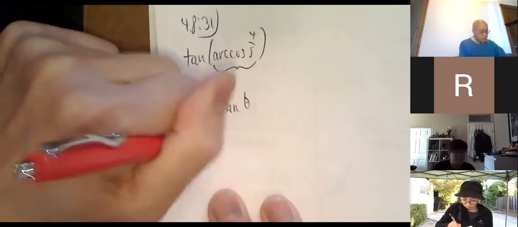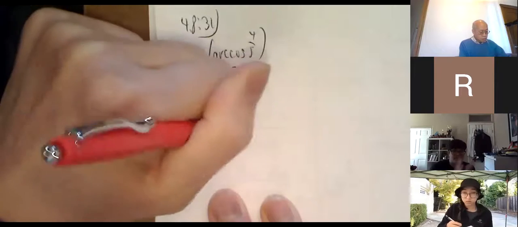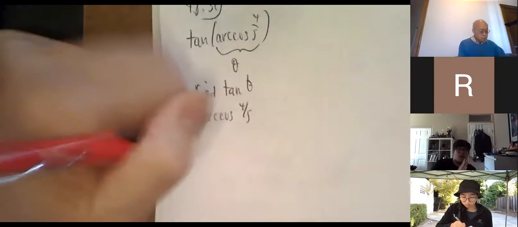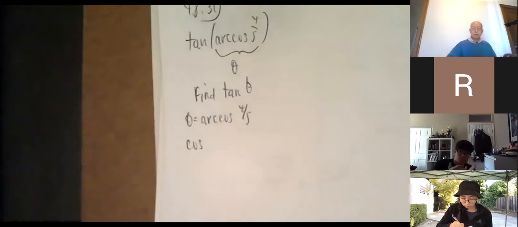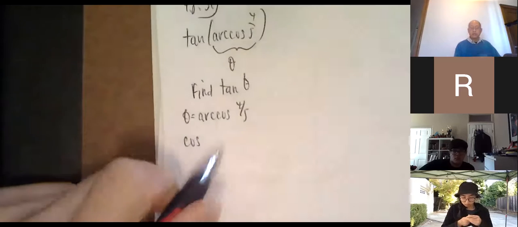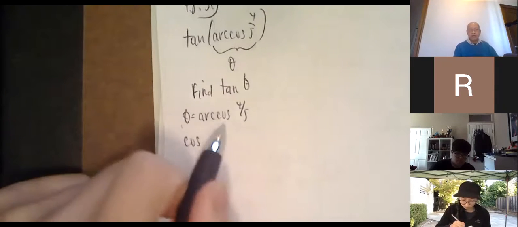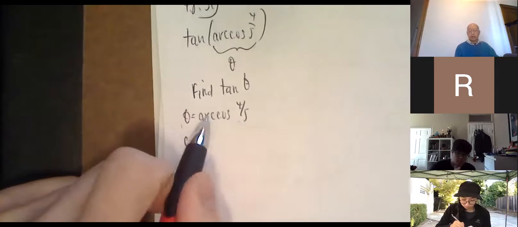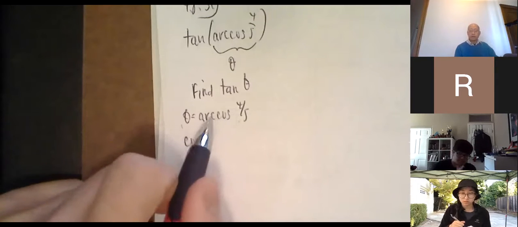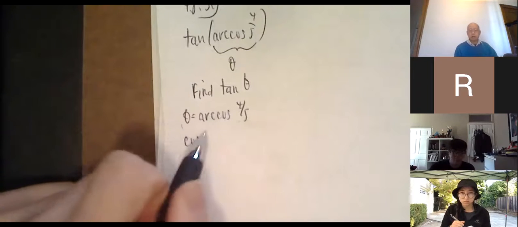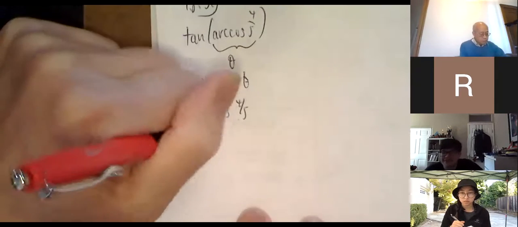So theta is arc cosine of 4/5. Write it without the arc: cosine of theta equals 4/5. I can't be taking the cosine of 4/5, I'm taking the arc cosine of 4/5. It wouldn't make sense for arc cosine of 4/5 to be the same as cosine of 4/5.